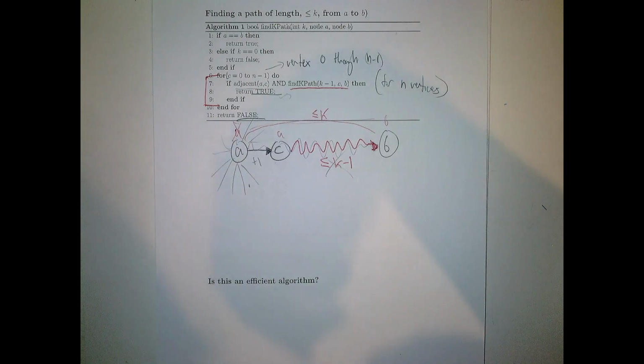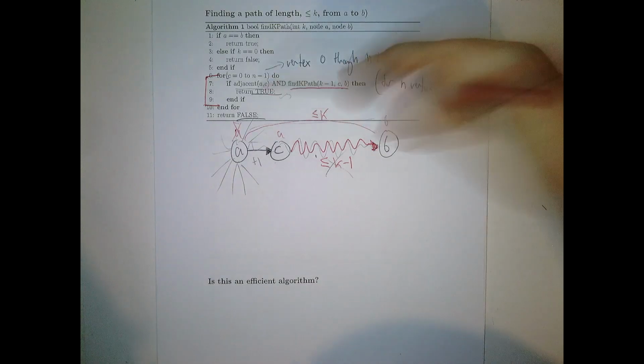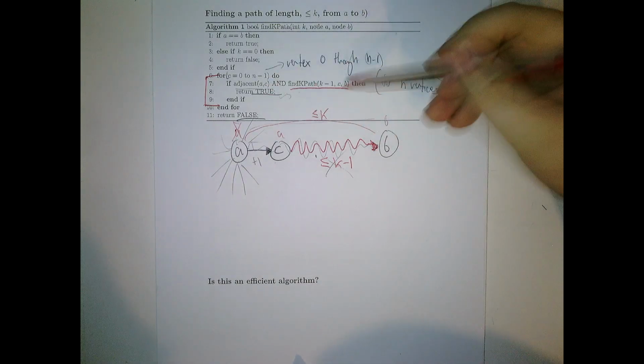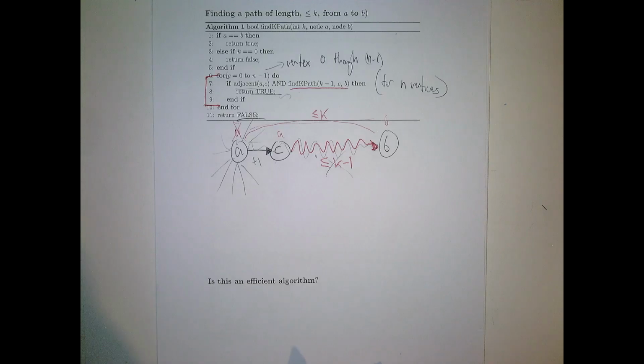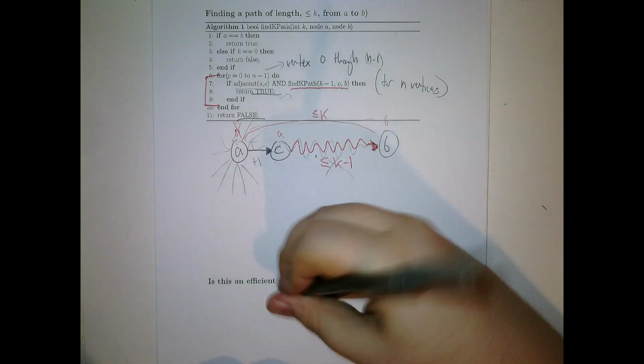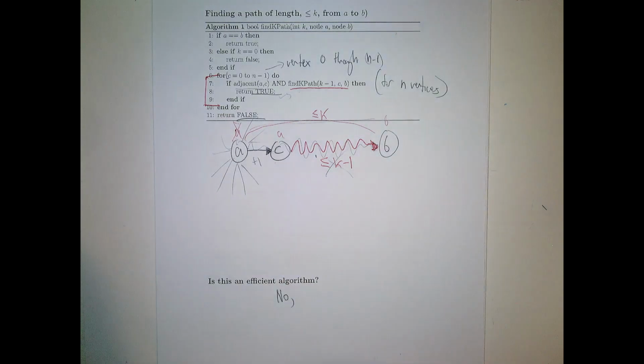That's good. But the big thing that might tip you off that this isn't great is you have a for loop with recursion in it. That isn't necessarily bad, but it can be bad. Yeah, that can be a high runtime. And so in this case, our guess is no, but then we need to justify it.